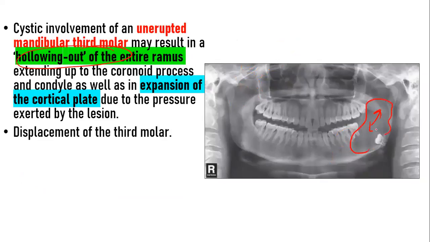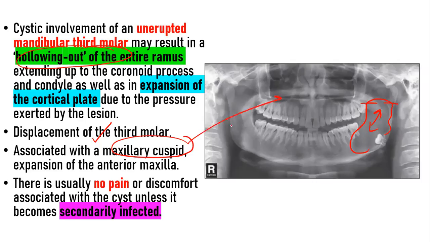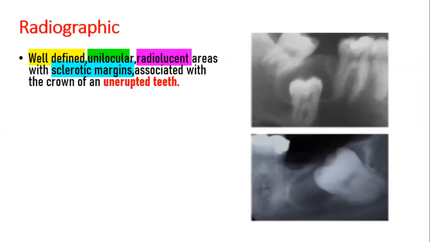It involves the entire ramus up to the condyle and the coronoid and causes hollowing of the ramus. It might also cause pathological fracture. It causes displacement of the third molar. It is associated with the maxillary cuspid. It might cause anterior maxillary expansion, usually not associated with pain unless secondarily infected.